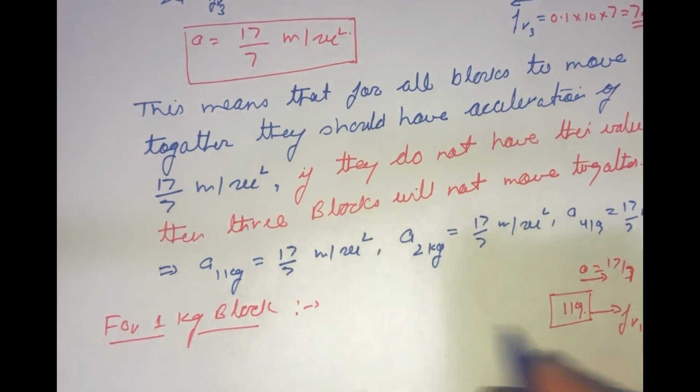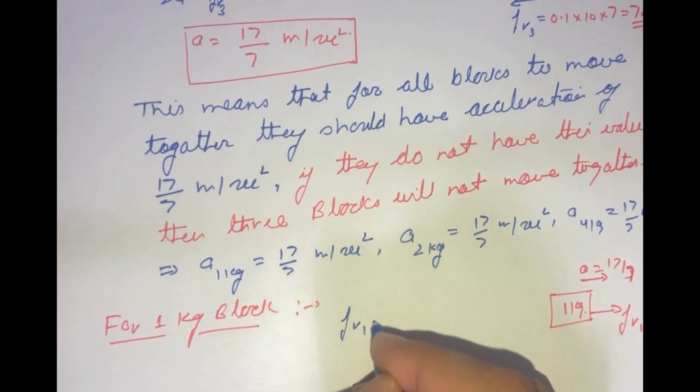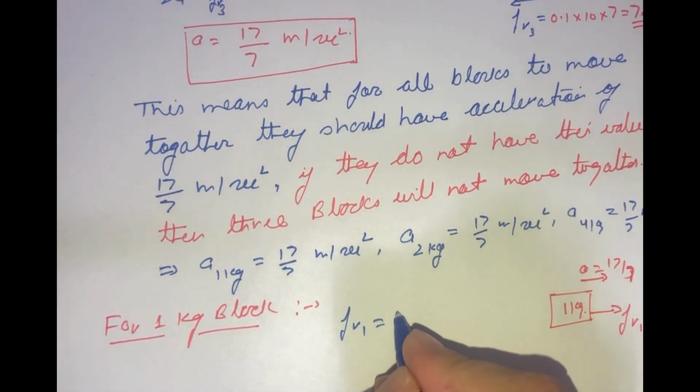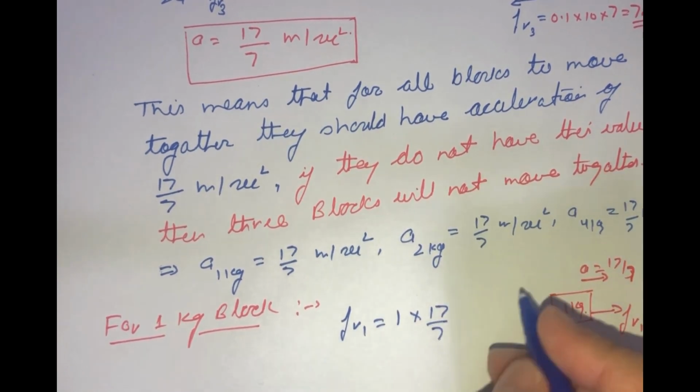So we can say that Fr1 will be equal to mass into acceleration. Mass is 1 kg and acceleration is 17/7.